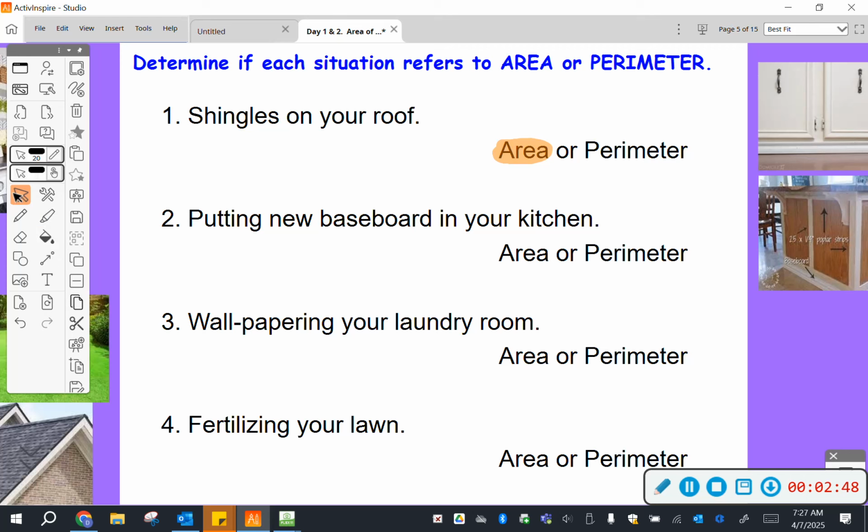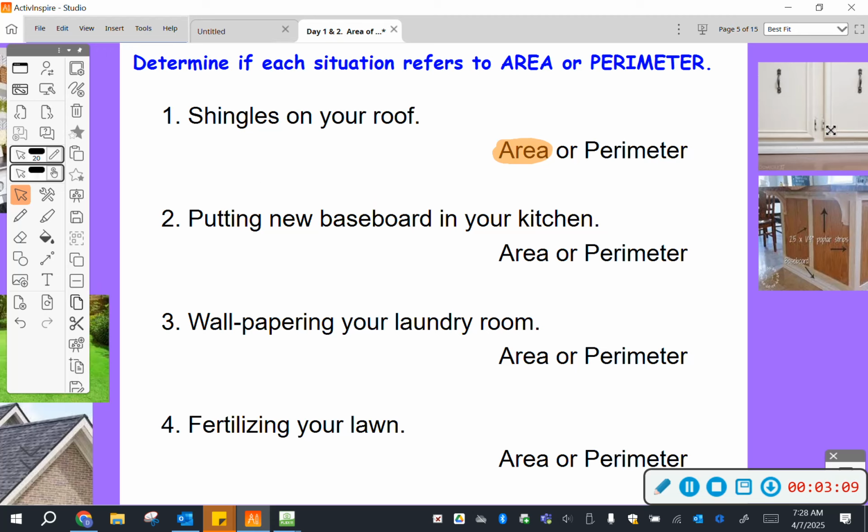What about putting baseboards on your kitchen? So, at school we have some really janky, cheap baseboards. I need y'all to look at the carpet and the wall. Where the carpet meets the wall, do you see that black line? That is a baseboard. Now, at your houses, that's plastic, really cheap. You probably have wood baseboards if you have them.